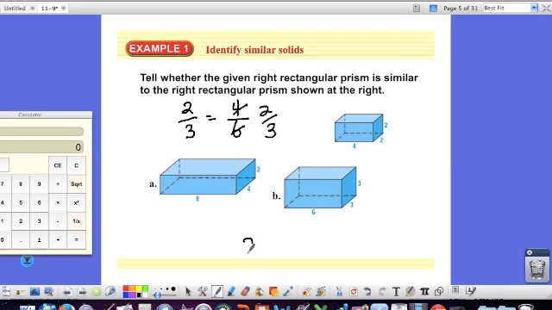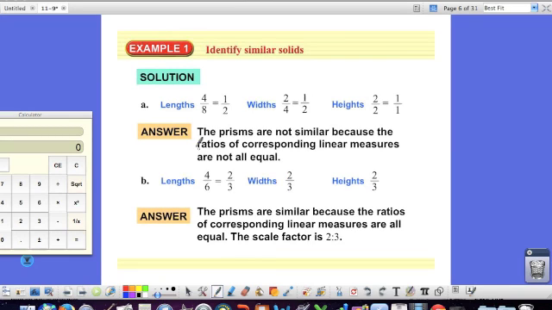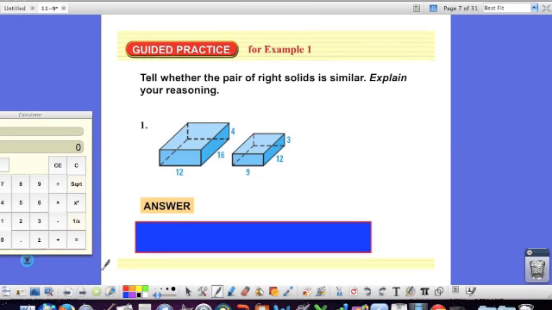So they are similar with a scale factor of 2 to 3. They did a bunch of math there, but you can see the answer is similar with a scale factor of 2 to 3. Now explain if these are similar. Explain your reasoning. So from here to here, we can kind of see this 4 corresponds to 3.